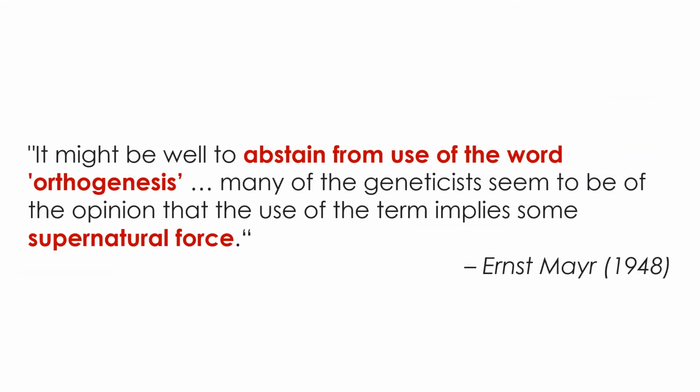Perhaps the famous Harvard biologist Ernst Mayr said it best. "It might be well to abstain from the use of the word orthogenesis. Many of the geneticists seem to be of the opinion that the use of the term implies some supernatural force." If the causes of evolution are inherently random, then there can be no supernatural force driving orthogenesis.